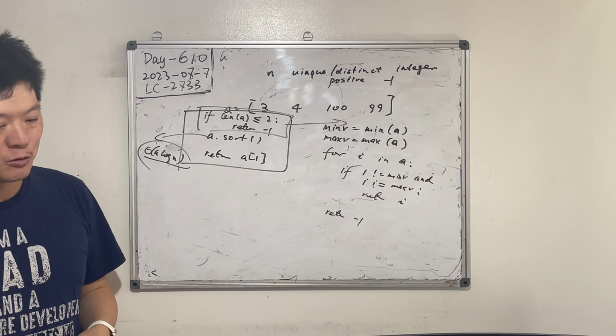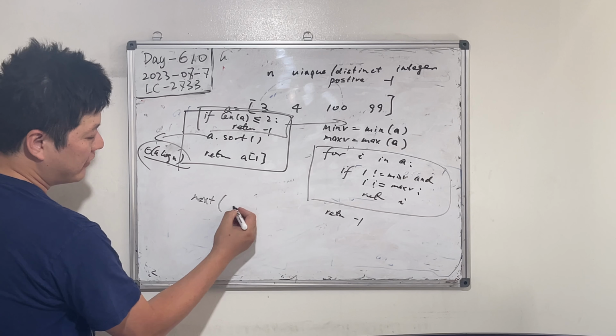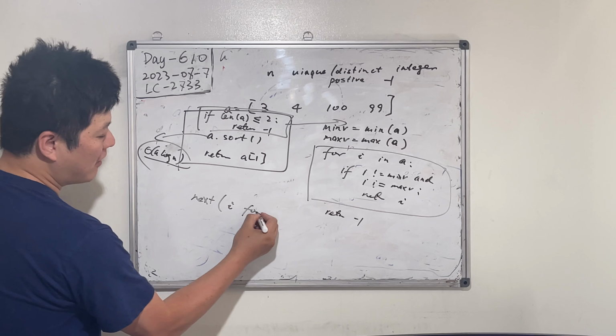And then for this we can use the next function. Return next i for i in A if i is not equal to min_v and i is not equal to max_v.